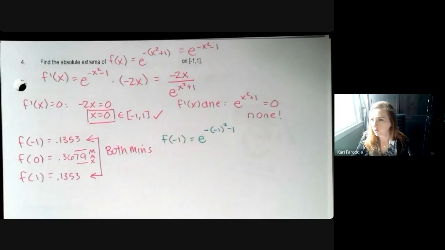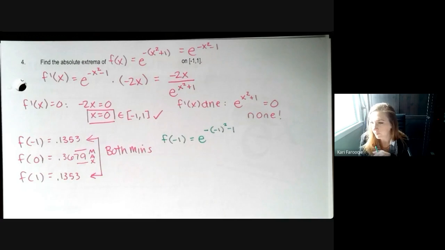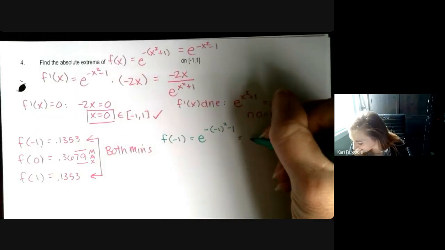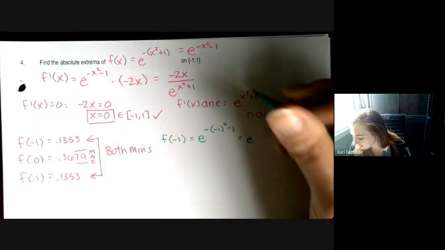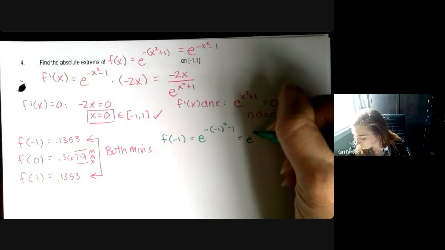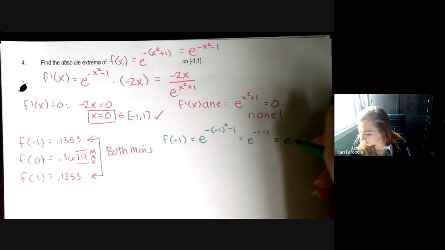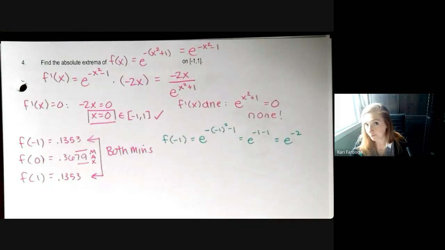I'm using this definition just because I feel like it's easier to evaluate. I know it looks really confusing. -1 squared is +1. This is +1 times -1. So you have -1 minus 1, which is e to the -2nd.